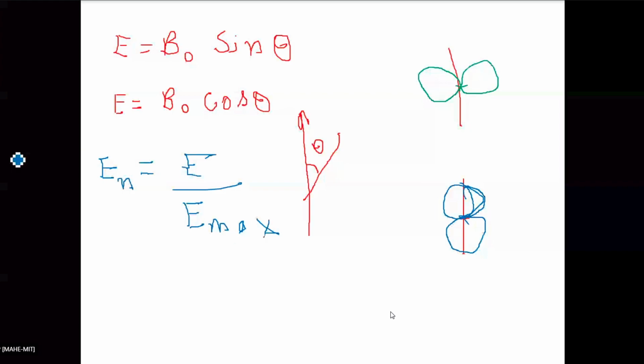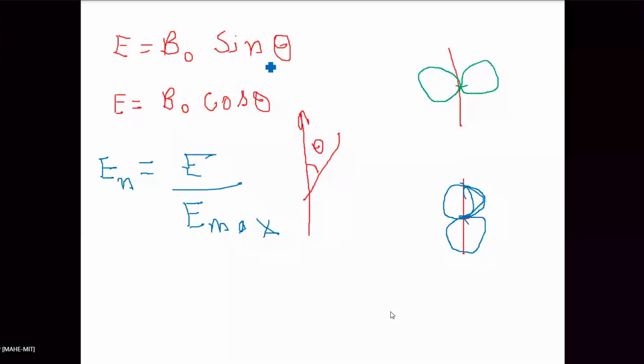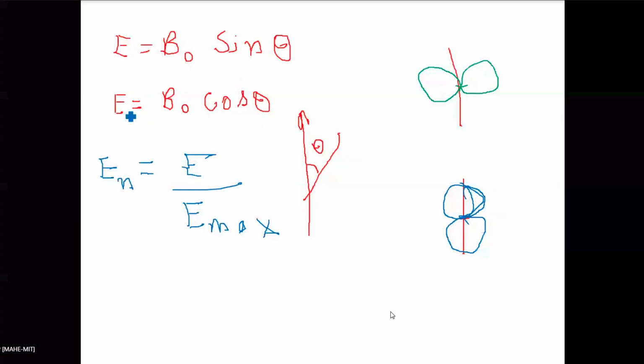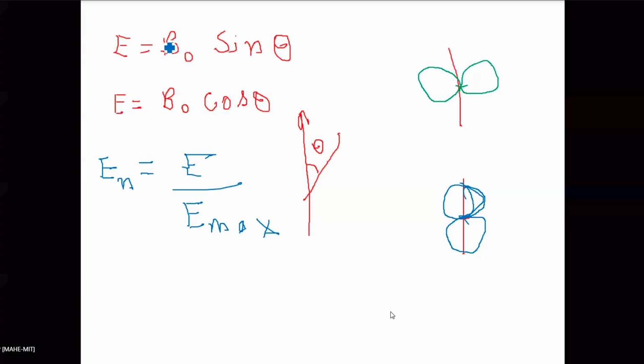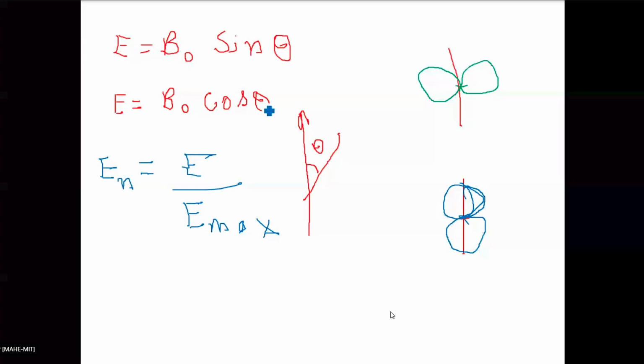So what is En in case of the first equation? E is equal to B naught sin theta, so En is sin theta. Similarly, for the second equation, En is cos theta, because you divide by the maximum value B naught. So you get sin theta here, cos theta here. That is called the normalized pattern. Normalized pattern has maximum value equal to 1.